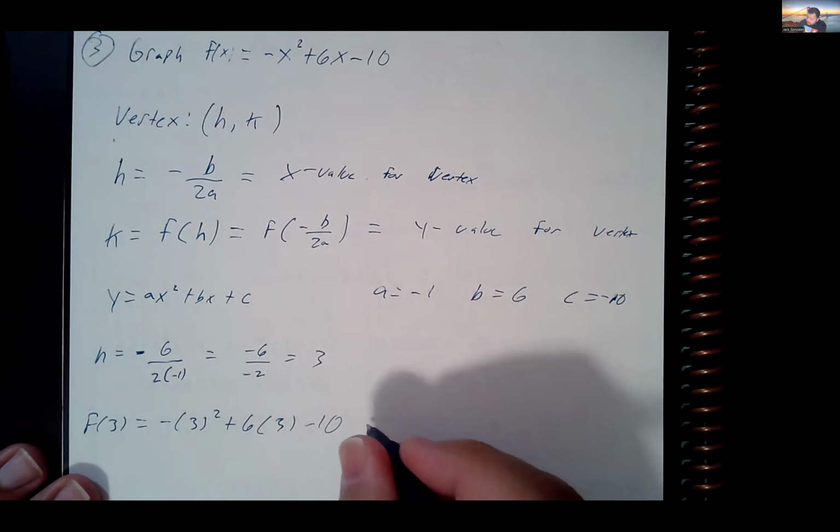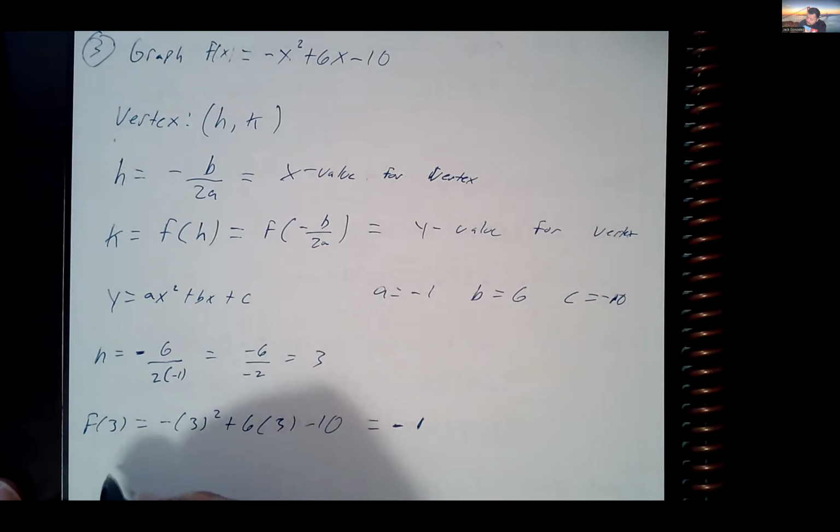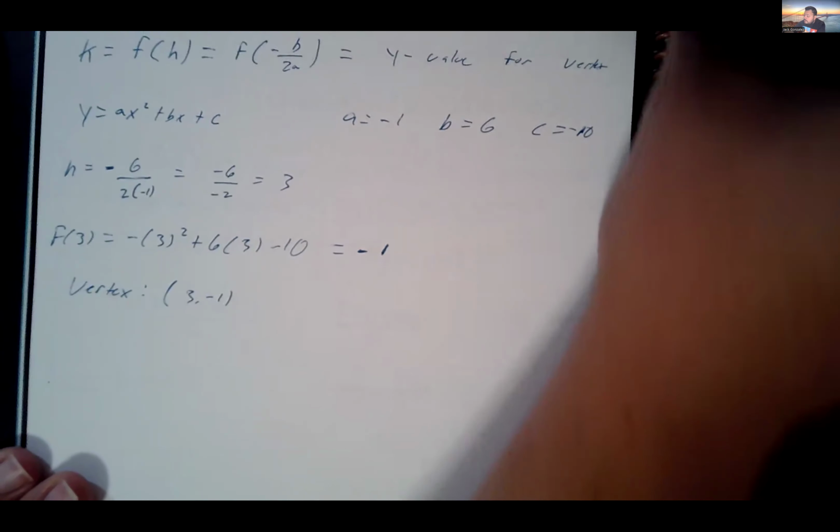So that's when you get the -1 right here. So the vertex is (3, -1).